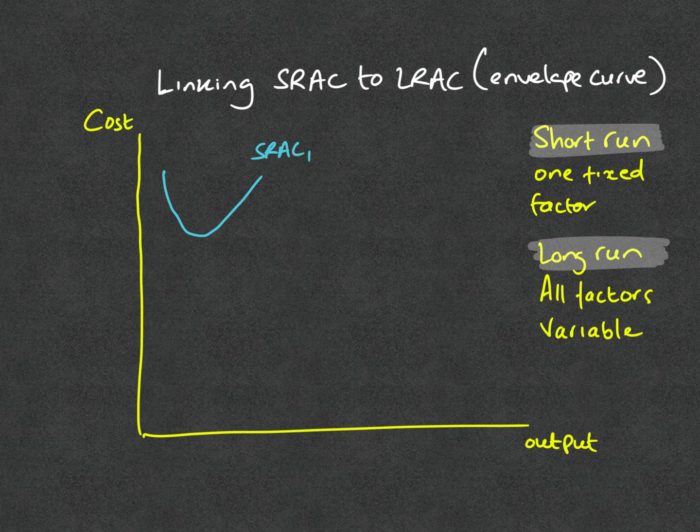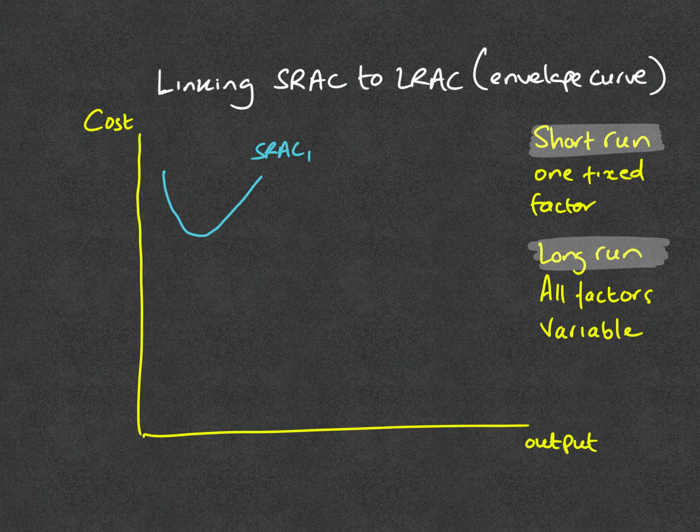This SRAC might represent a corresponding level of capital. Yes, capital is fixed, but let's say that this firm has one piece of machinery, and that's what they chose to start with. However, it is also possible that the firm may decide to start with two pieces of capital, or a bigger land, for example, or a larger factory.